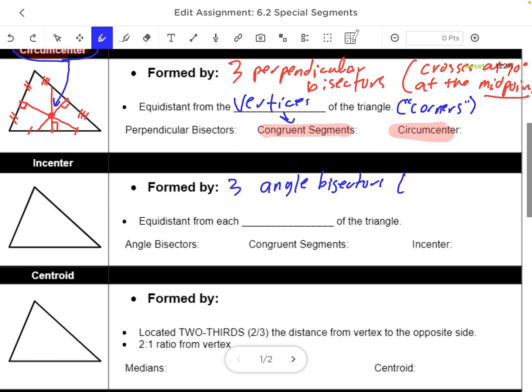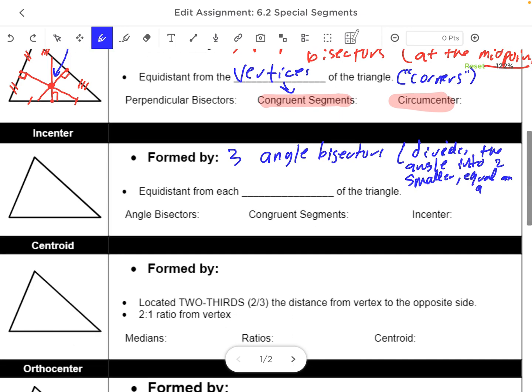Bi means 2, sectors means 2 sections, so it divides the angle into 2 smaller equal angles. So the angle bisector divides an angle into 2 smaller equal angles.